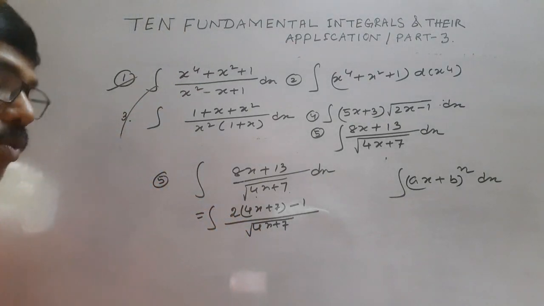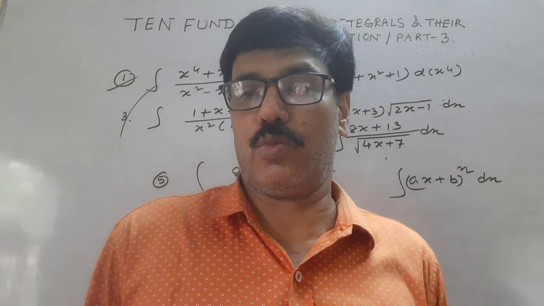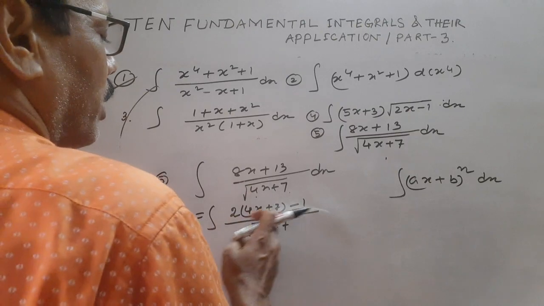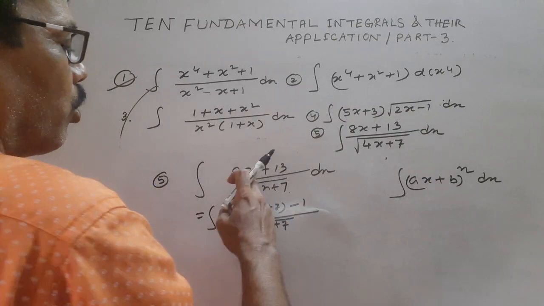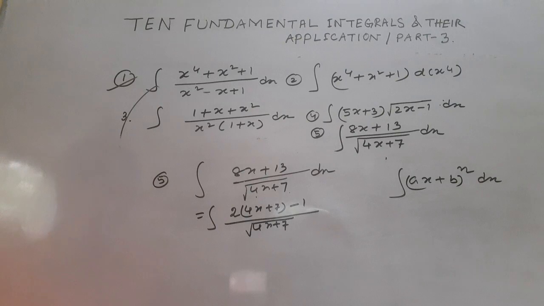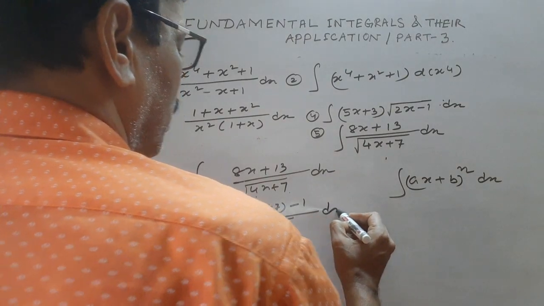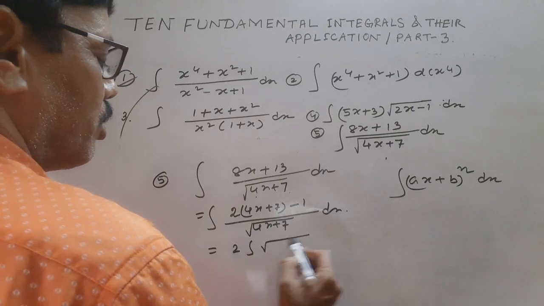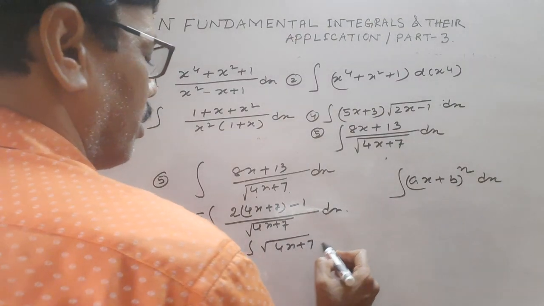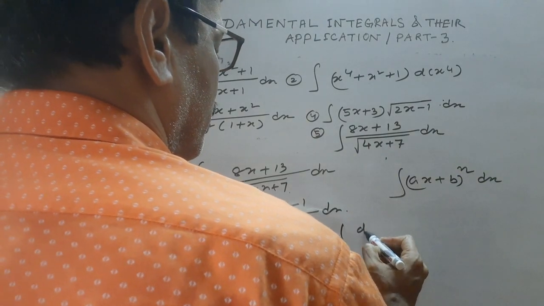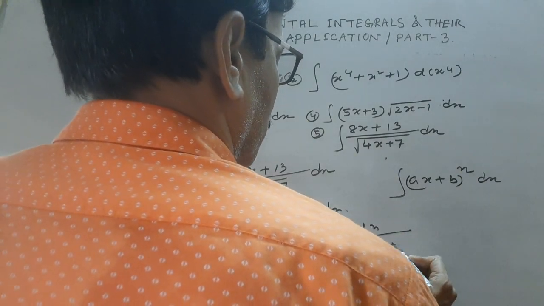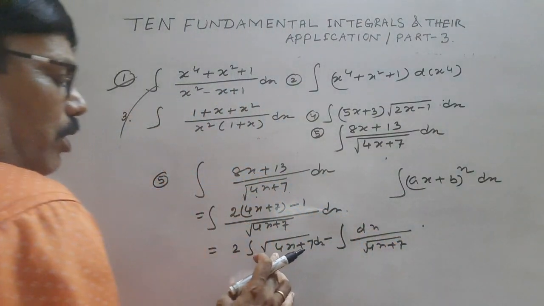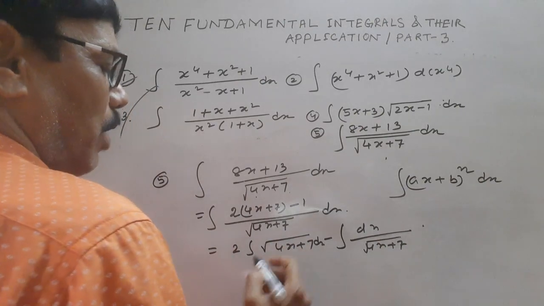Now look, adjustment should be done with the help of a constant. We are taking it 2 into 4x plus 7. We are not taking 4x plus 7 plus 4x plus 6. So adjustment should be done. So 2 outside, this is root over 4x plus 7, and this is dx by root over 4x plus 7. Now both are in standard form. This is ax plus b.